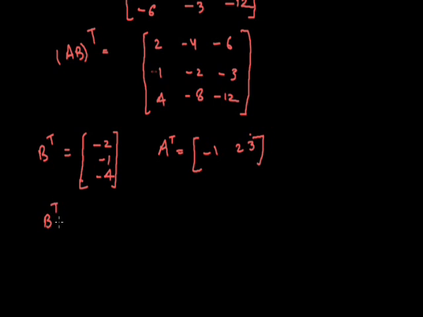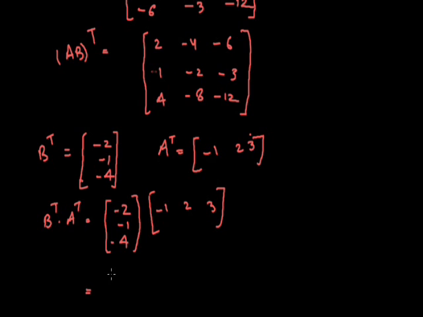So B transpose into A transpose gives, on solving, 2, -4, -6; 1, -2, -3; 4, -8, -12.